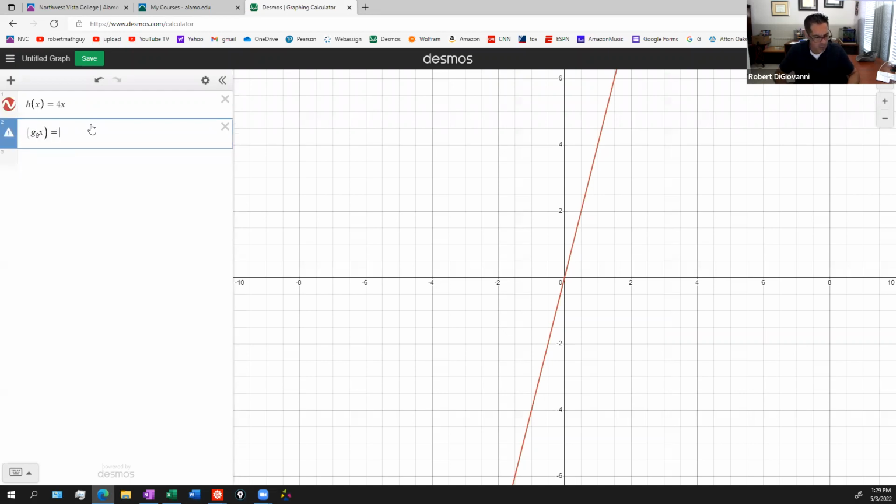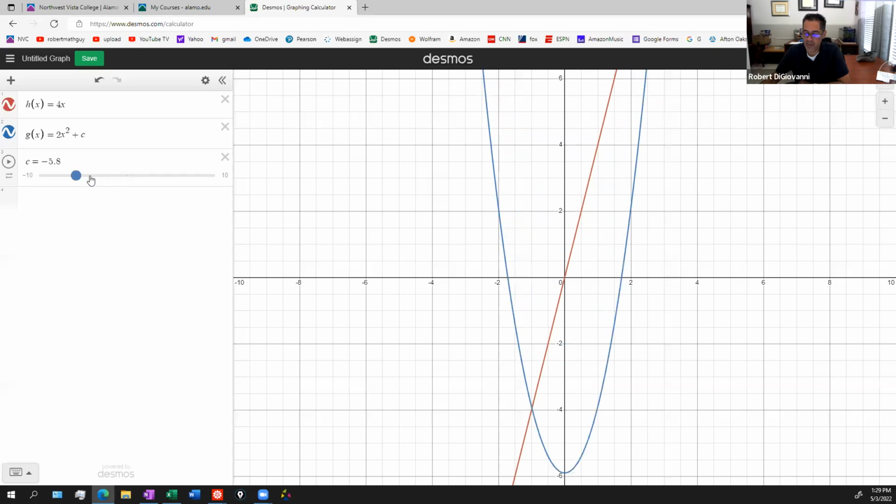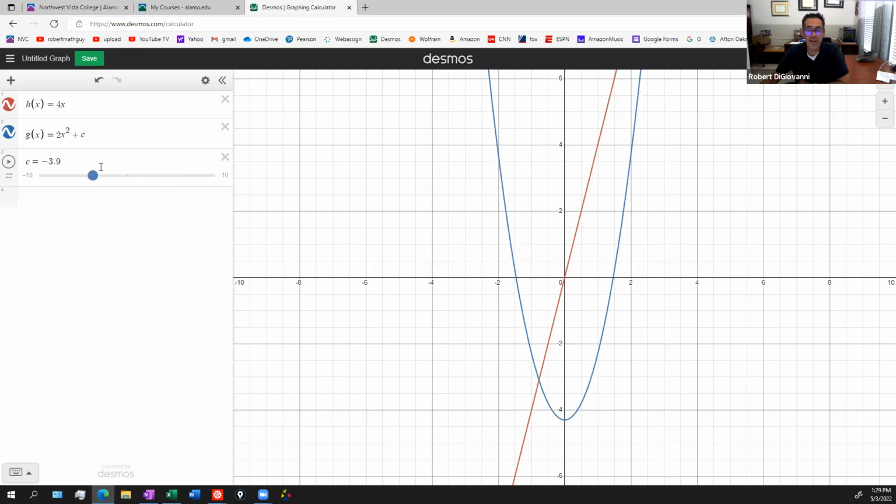G of x, the antiderivative of that, was 2x squared plus some c. So c could be any of these. See, I'm moving this up and down. It could have been any of these.